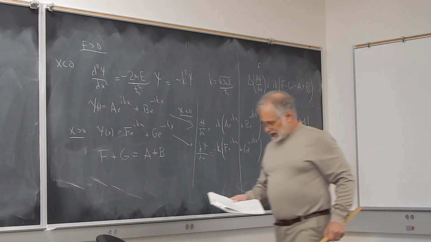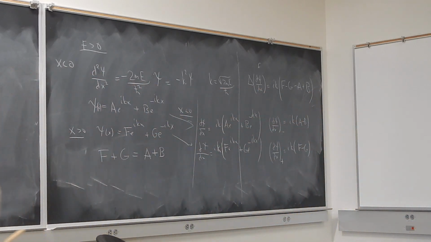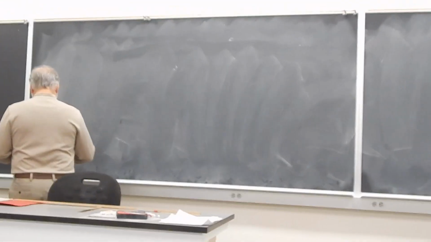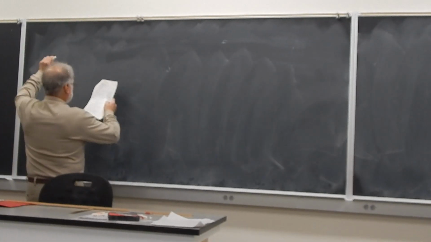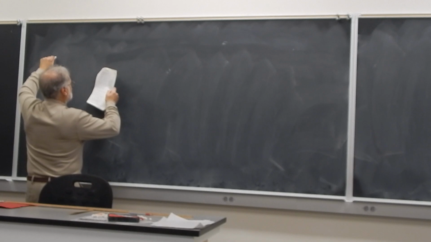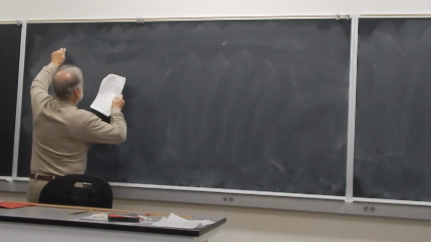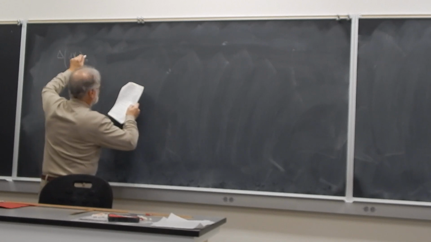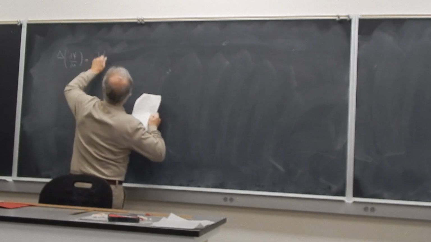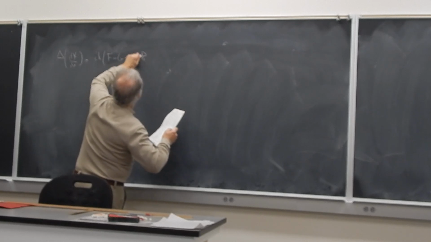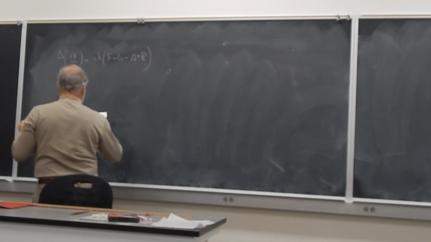What I'd like to do then is let's continue on and make our way toward finding the scattering states. In this case, we're going to define, well, let me write it this way first. We'll write what we had before, delta of d psi dx is equal to i k (f minus g minus a plus b).